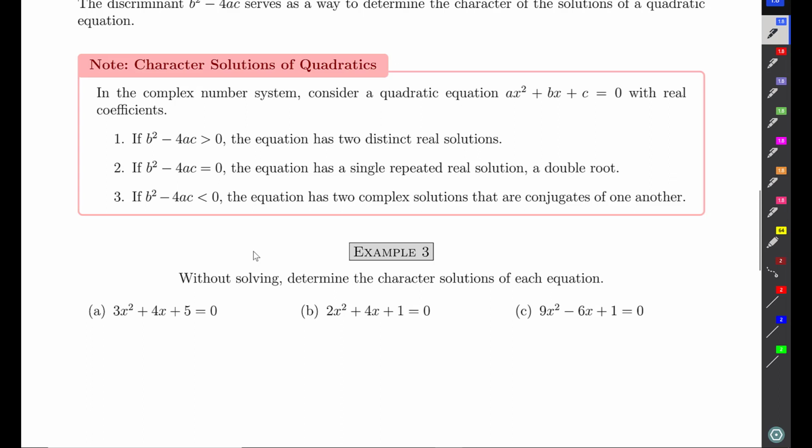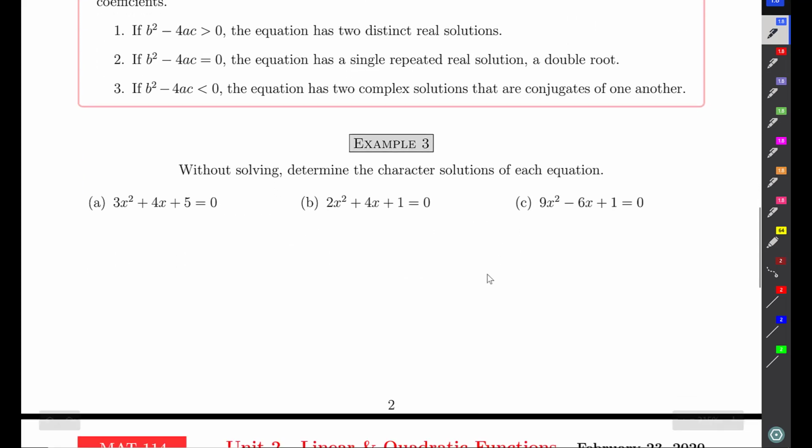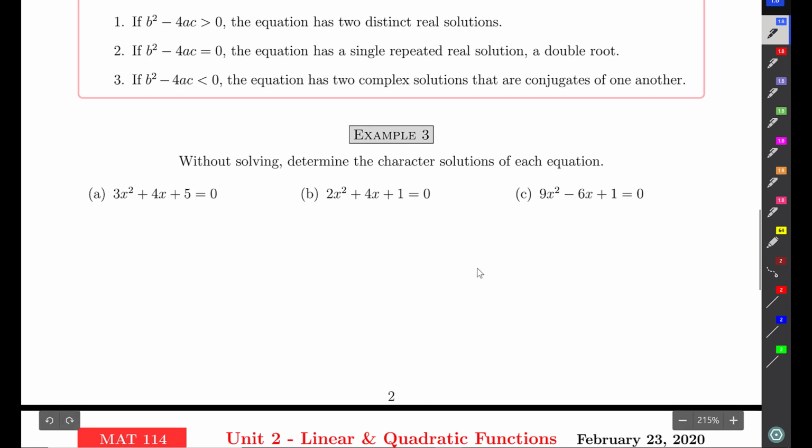If the discriminant is greater than 0, meaning that it is positive, then we have two distinct real solutions. If the discriminant is 0, then we have one repeated real solution, and if the discriminant is less than 0, or negative, then this quadratic would have two complex solutions.